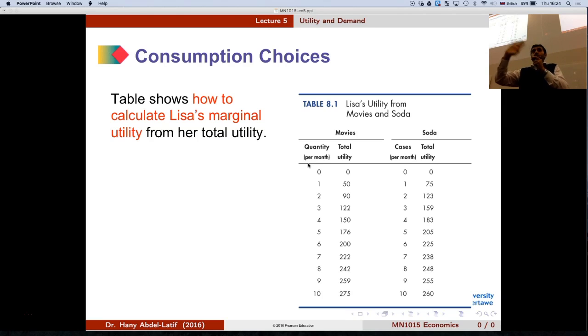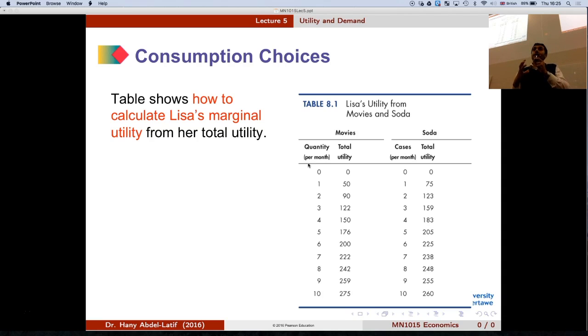So 0 units, 0 satisfaction, or 0 utility. Then if she watches one movie, the utility is 50. If she increases her consumption by 1, buying one more movie, that means now she's watching 2 movies.